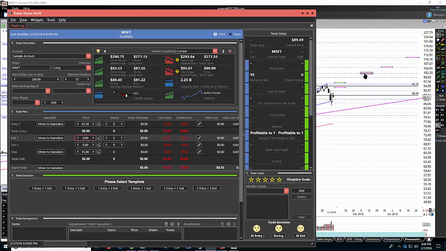And our first target is up here, 102.25. And our second target is up here, 111.40. Is that right? 105.75, I'm sorry.